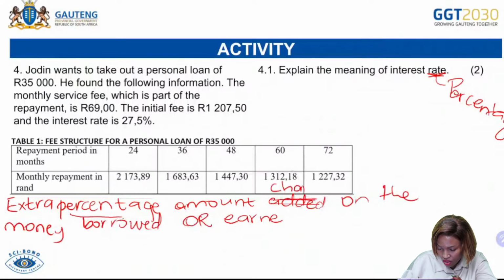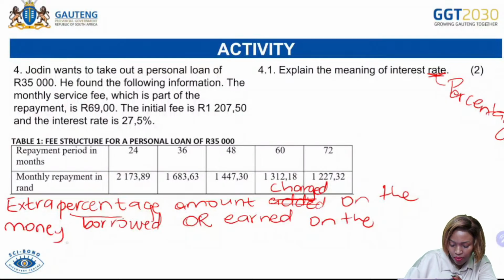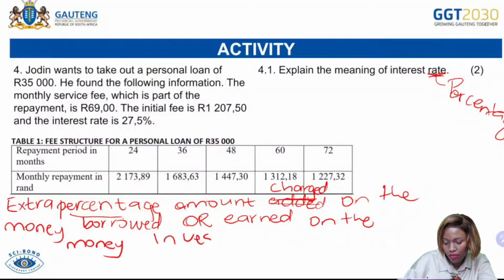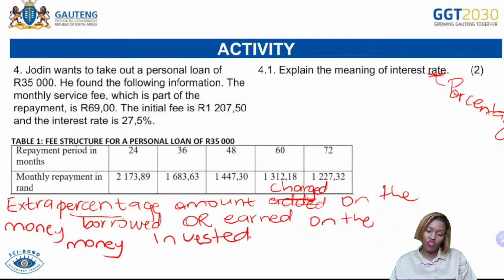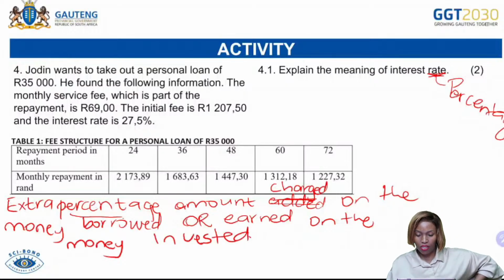Let me say charged, or earned on the money invested. That is interest rate, the extra percentage amount charged on the money that has been borrowed, or earned on the money that has been invested. And the examiner can also ask you to differentiate between interest amount and the interest rate.